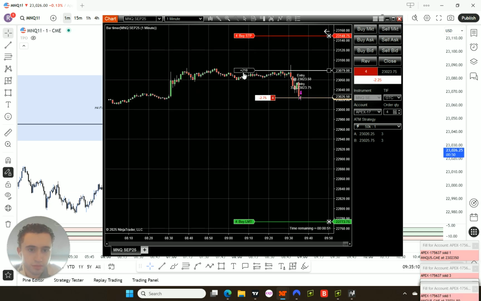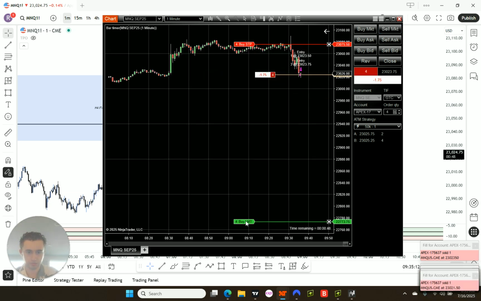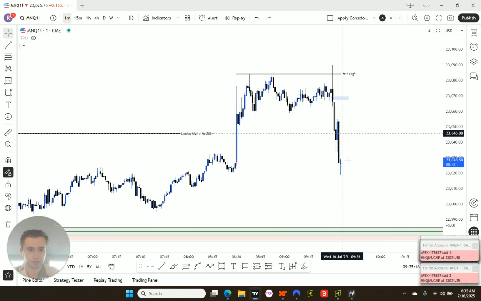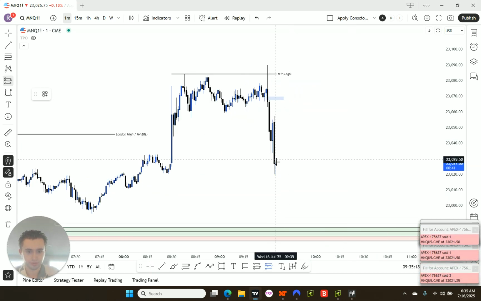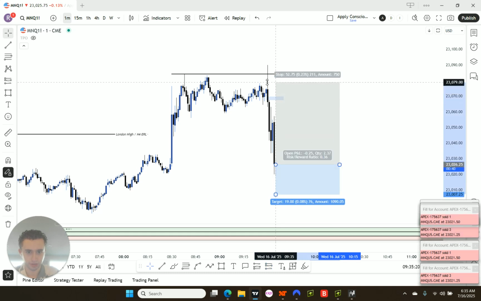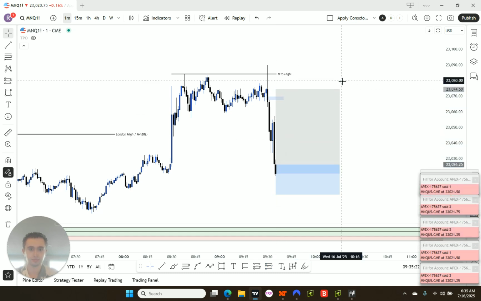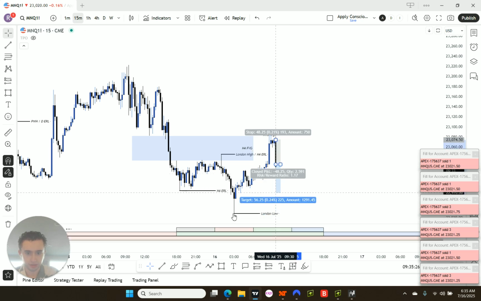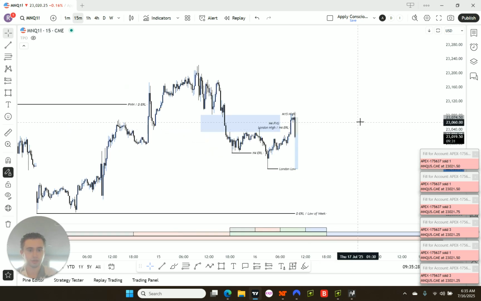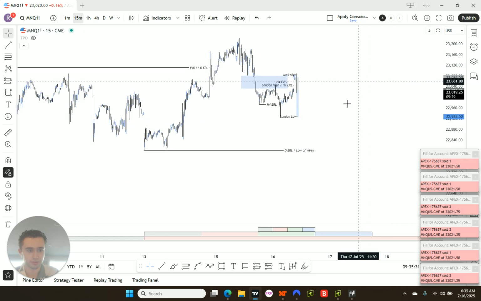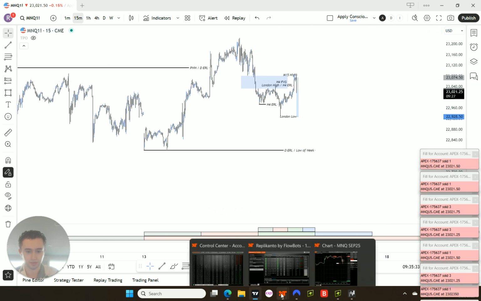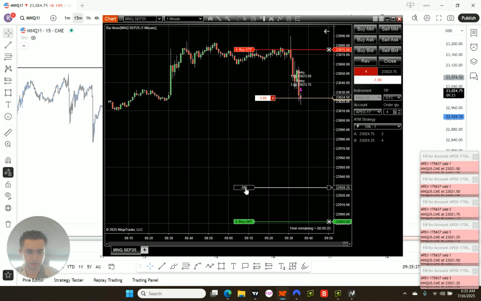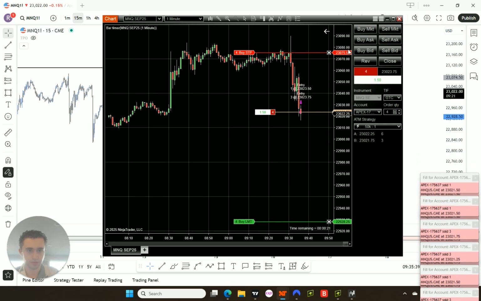I'm going to keep my stop loss right at this high. Take profit is going to be London low. It's exactly a 2R. See if we get a flush. 22,928.50. Yeah, that's fine.